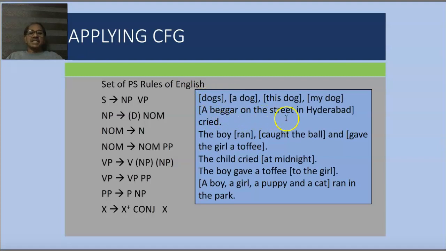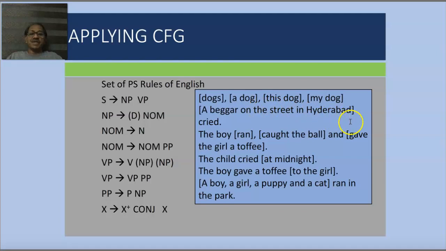Look at the next phrase: a beggar on the street in Hyderabad cried. Here the noun phrase is a beggar on the street in Hyderabad. The noun beggar is modified by an article, the determiner. Up to this is okay, as in the earlier phrases. But after the noun, we have on the street in Hyderabad.